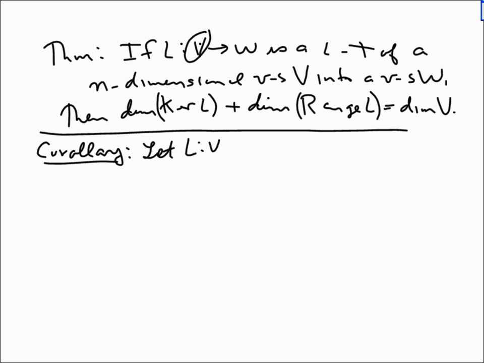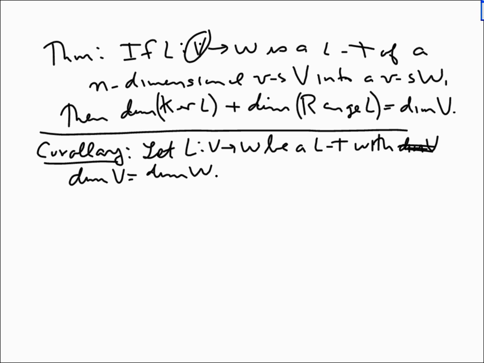Let L, the mapping from V to W, be a linear transformation with the dimension of V equaling the dimension of W. This is important. Then, A, if L is onto, then L is 1 to 1.